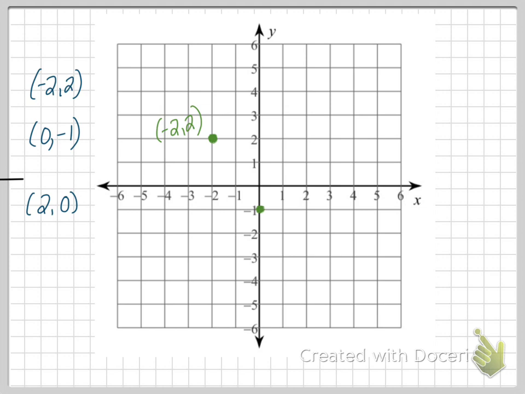So it's right on the y-axis. Label 0, comma, -1. And lastly, 2. So I'm going to go to the right 2. And then up 0. So something went wrong with my math. I'm going to keep this in my video because I want you to see, because this could happen to you.